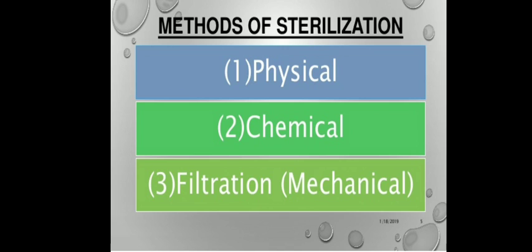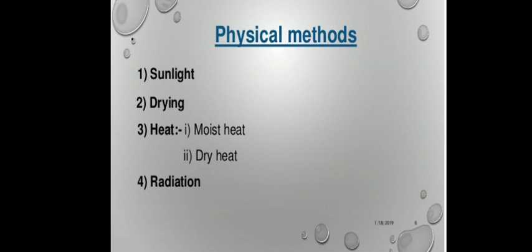Then we will move towards the actual point, which is methods of sterilization. Three different types of methods are used for the purpose of sterilization: the physical method, second the chemical method, and third the filtration method or the mechanical method. First we will see the physical method.